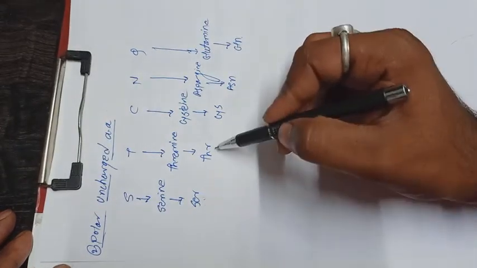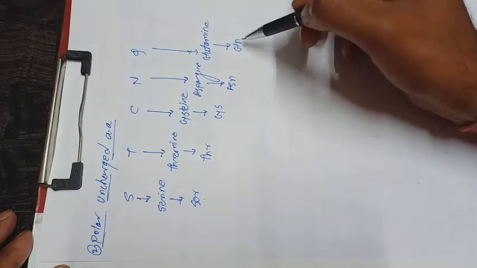The 3-letter codes are SER for serine, THR for threonine, CYS for cysteine, ASN for asparagine, and GLN for glutamine.